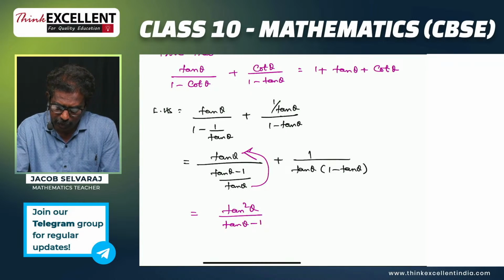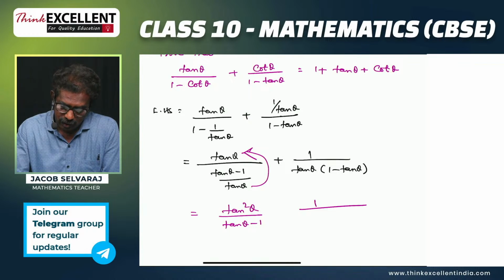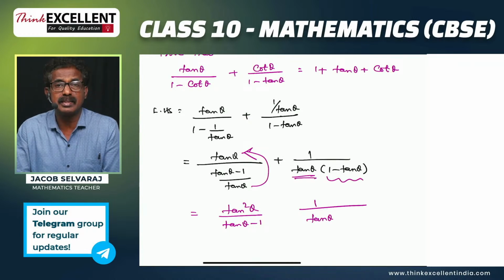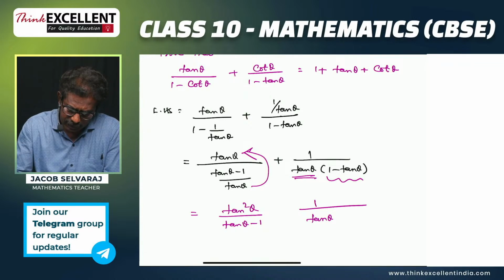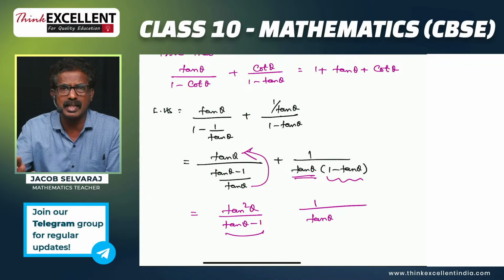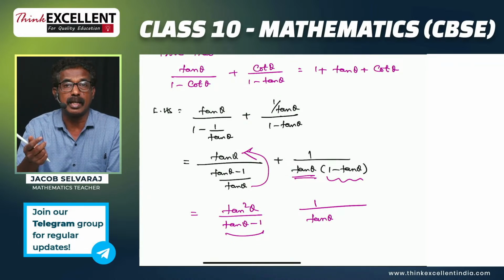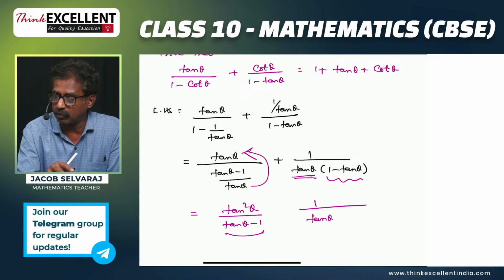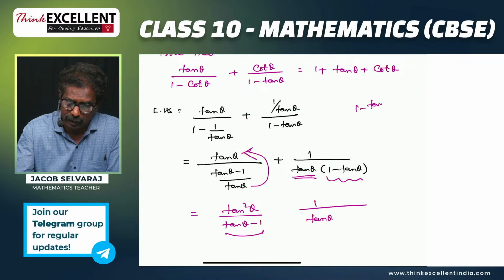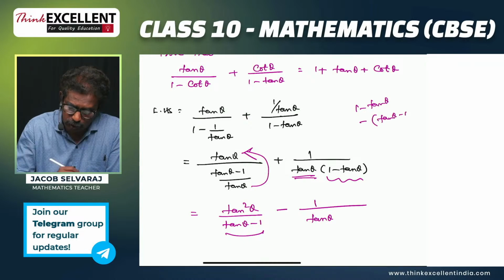Here I am going to make a small change. This tan theta I am writing as it is. This 1 minus tan theta, I want to reverse it because here we have tan theta minus 1. The first term denominator is tan theta minus 1, but the second one is 1 minus tan theta. I want to make them the same so that LCM will be easy. If it is plus, no problem, simply you can reverse it. But since minus is there, 1 minus tan theta can be written as minus of tan theta minus 1. So that minus I put in the middle.